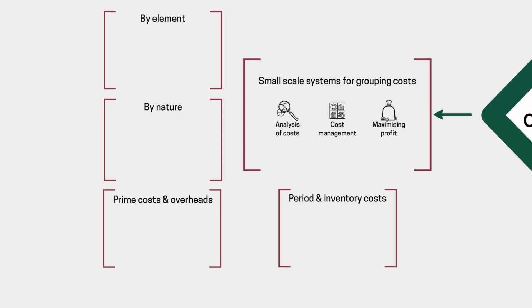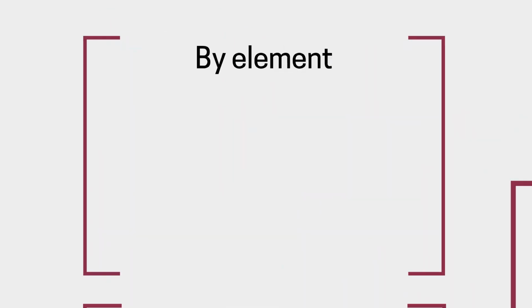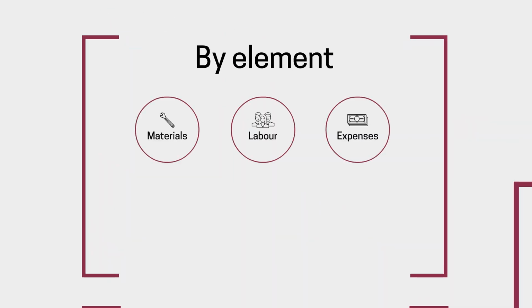So we're going to start by looking at classifying costs by element. Essentially there are three main types of cost, three main elements of cost. One is materials, the other is labor, and the final one is expenses. Let's discuss each of these.